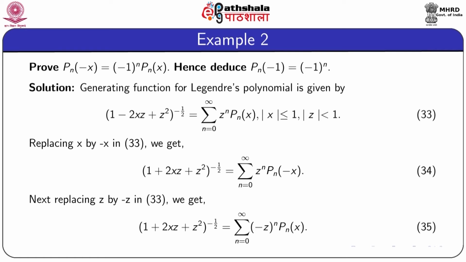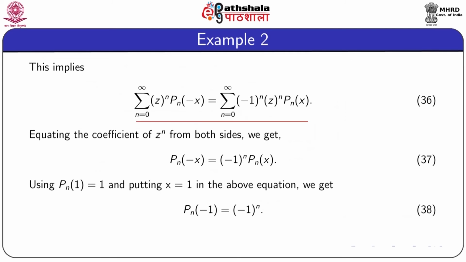So, we equate the right hand sides from equation 36 and equation 37, and if you do that, you will get equation number 38. The left hand side is summation z^n P_n(-x), and the right hand side is summation n equal to 0 to infinity (-1)^n z^n P_n(x).